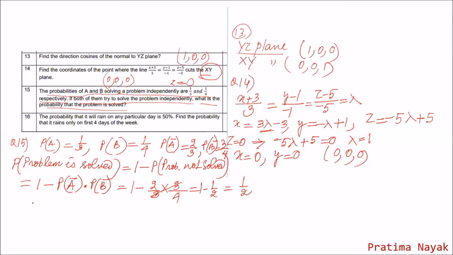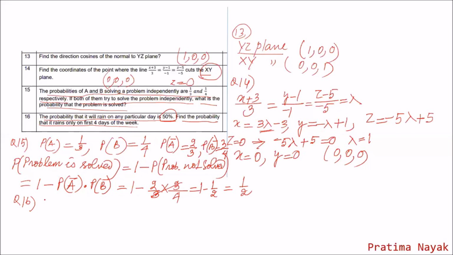Next is question number 16, also a problem from independent events. The probability that it will rain on any particular day is 50%. Find the probability that it rains only on the first 4 days of the week.